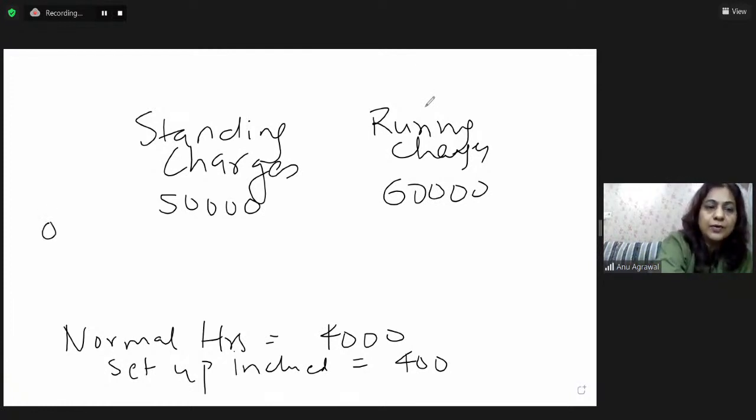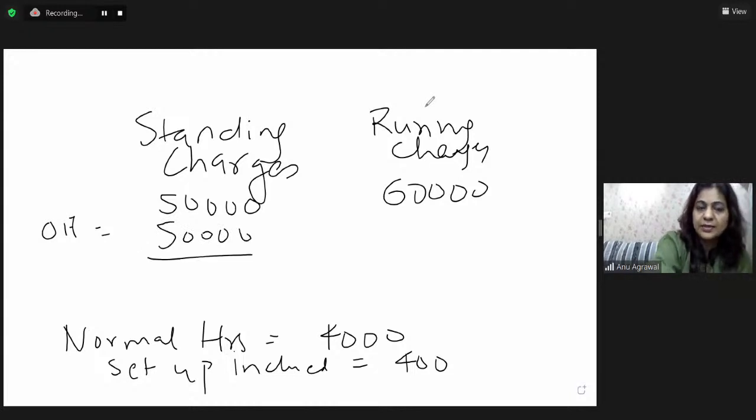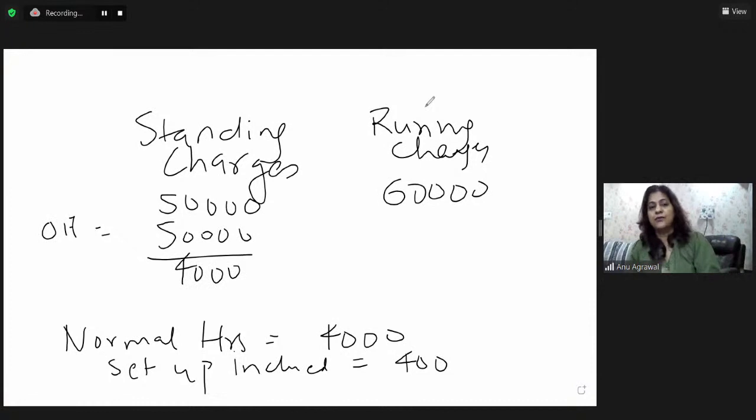For the 50,000 fixed overhead, I will divide this by 4,000, because fixed costs need to be absorbed whether the machine is working or not working. So for this the normal hours is 4,000.